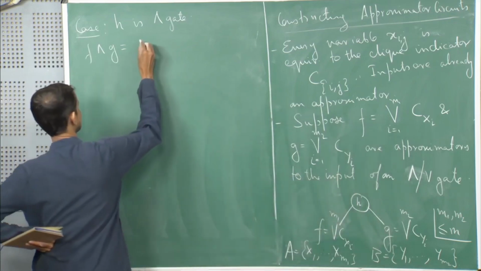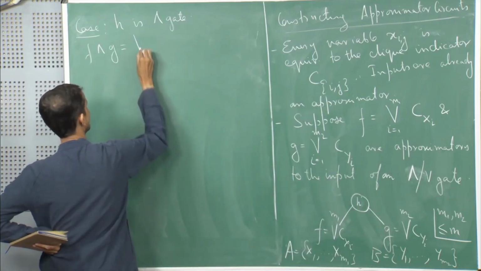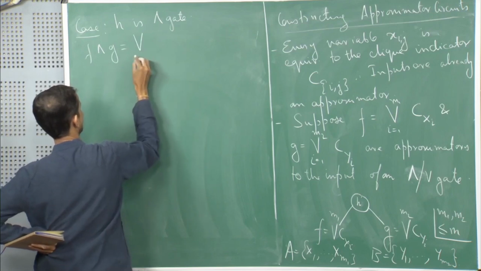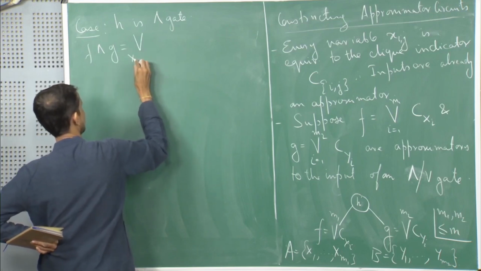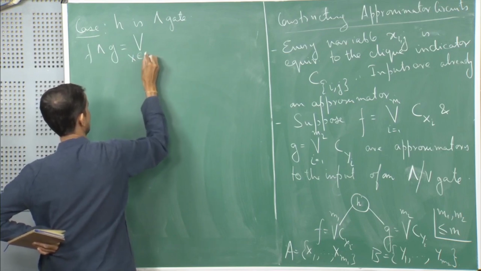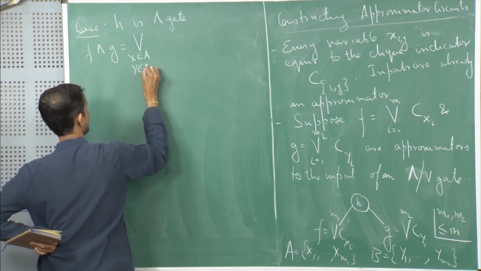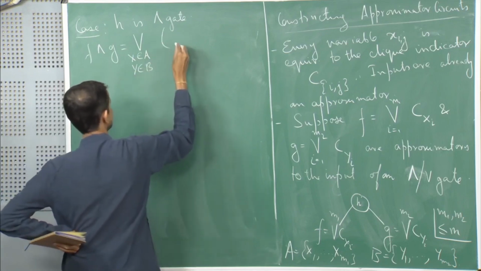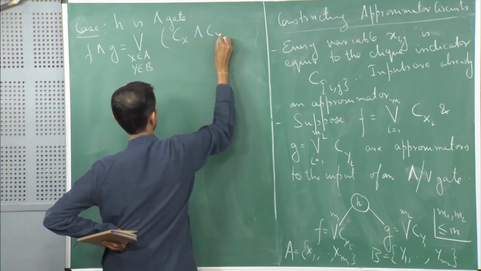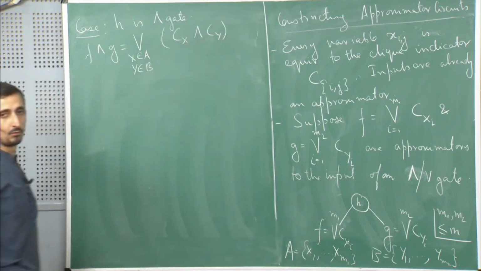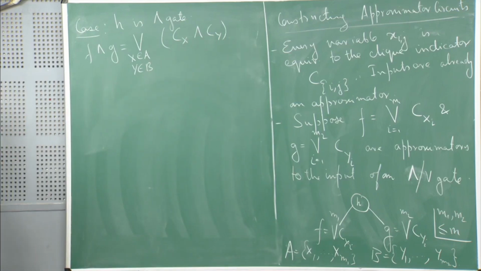So we have an OR of x in A, y in B such that C_x and C_y are 1. Okay, so some x and some y.